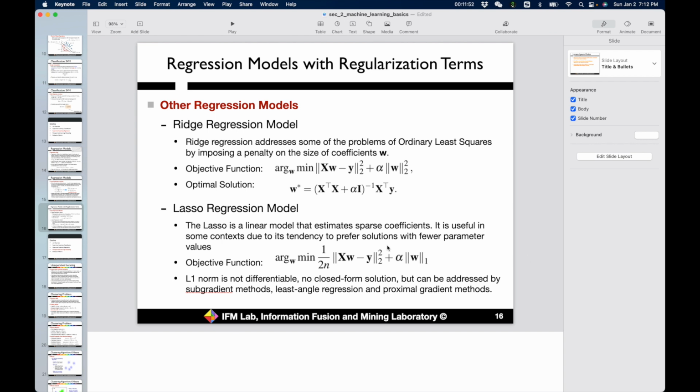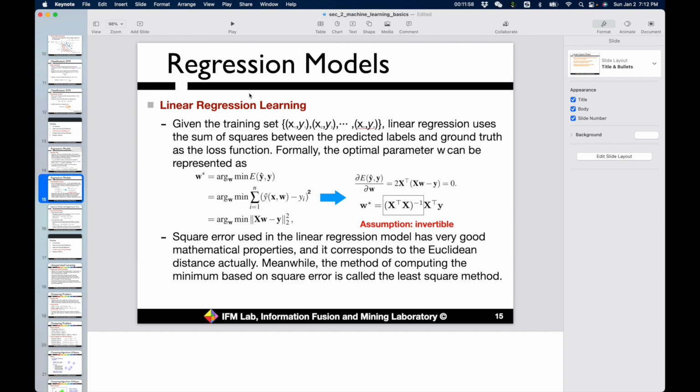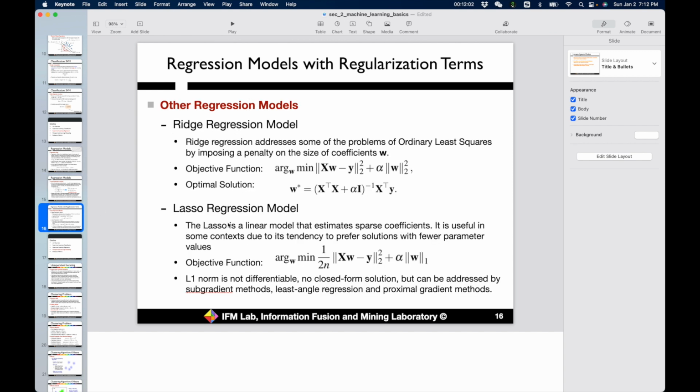You can see the difference of regression versus classification, right? And you can also see the different regression models: the classic linear regression, the ridge regression, and the Lasso regression models. Besides them, we also have some other regression models. You can maybe check them by yourself after class if you are interested.